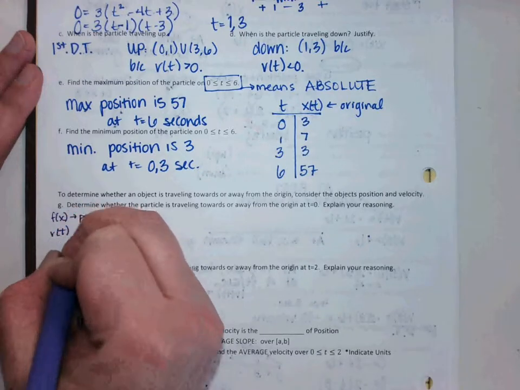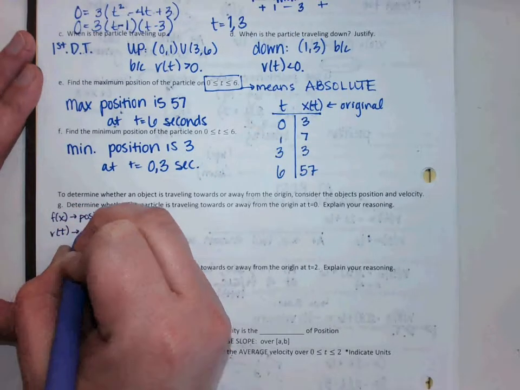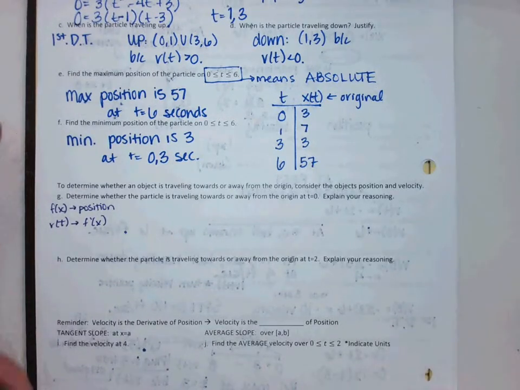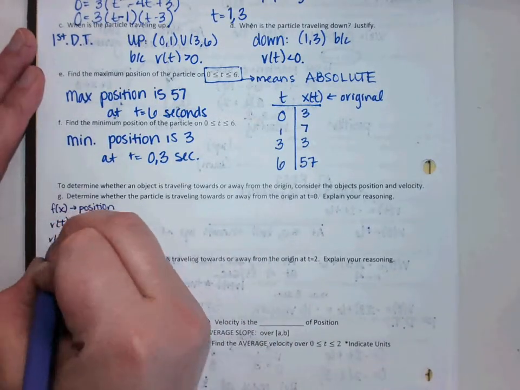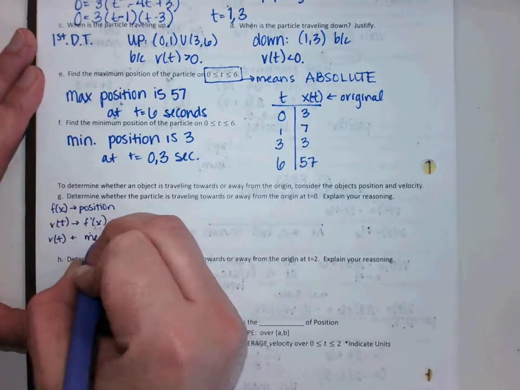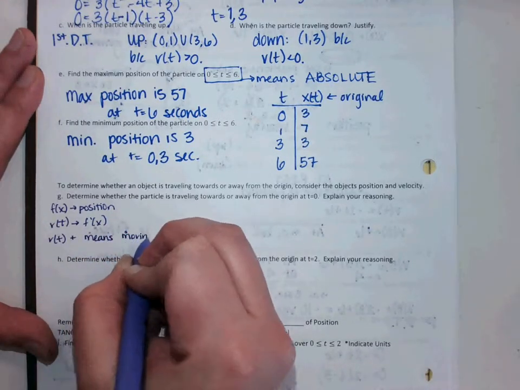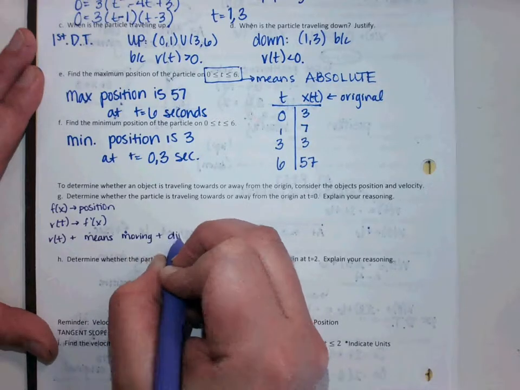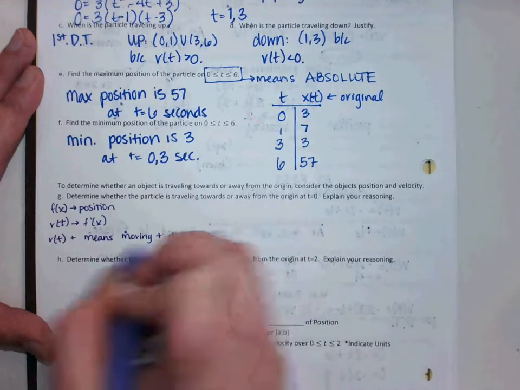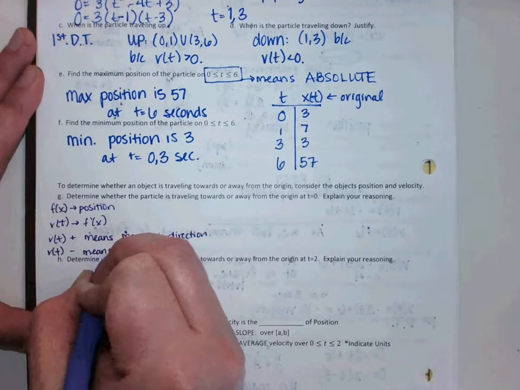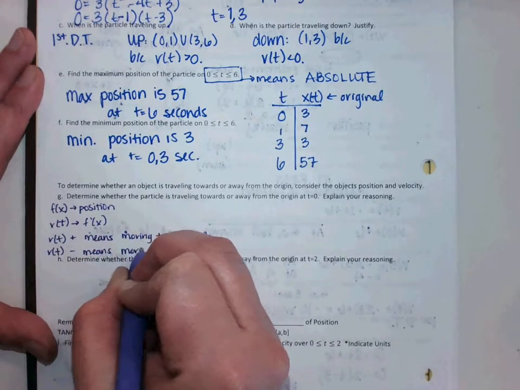Your velocity is going to be f prime of x. So it's the derivative. Okay, then also remember that velocity positive means moving in the positive direction. And then remember that when velocity is negative, that means your thing is moving in the negative direction.